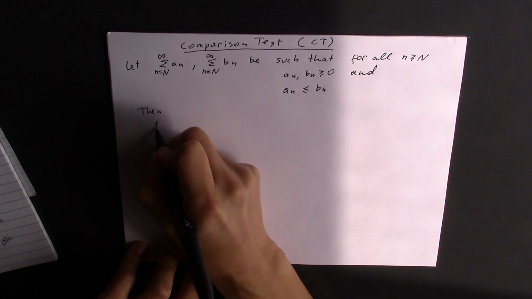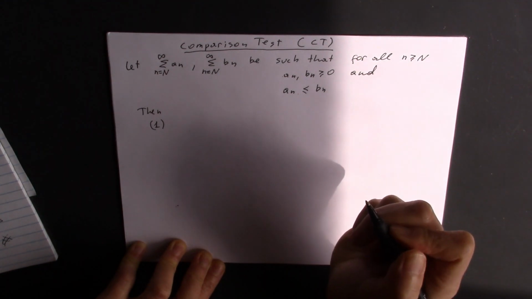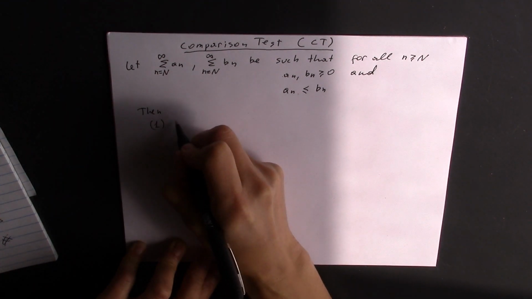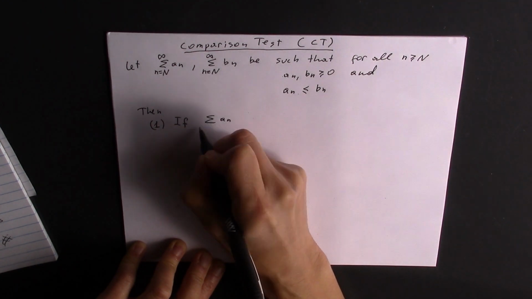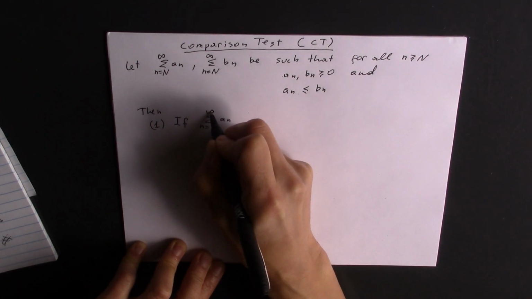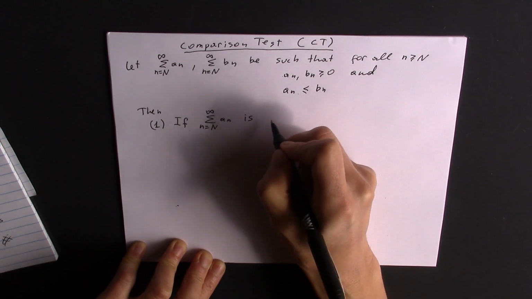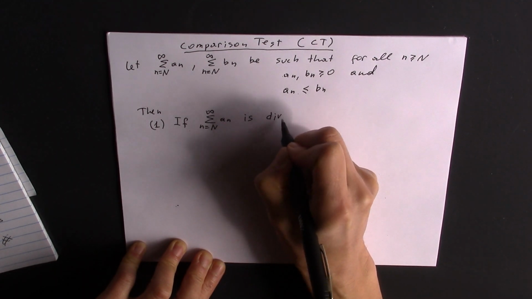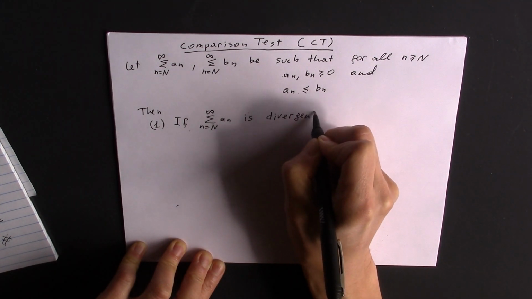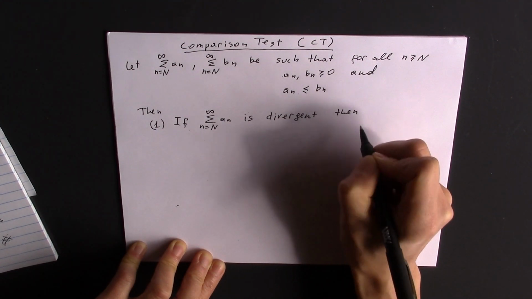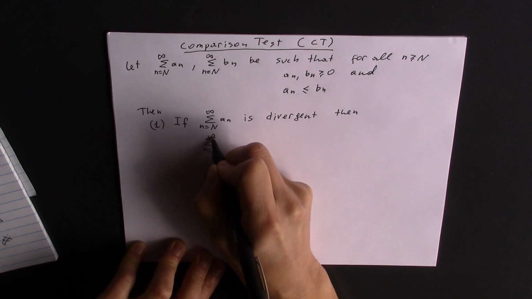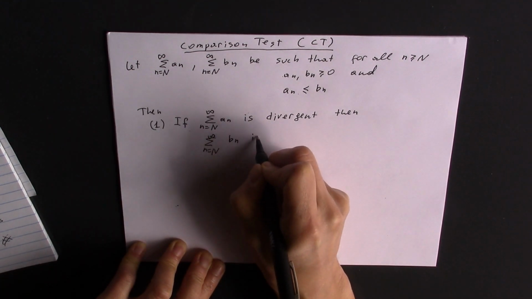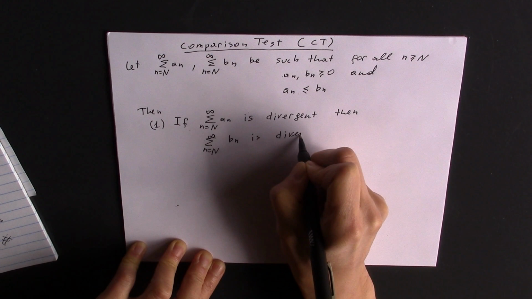Then we have two conclusions, two cases, as we did previously. If the smaller series is divergent, then the bigger series is divergent.